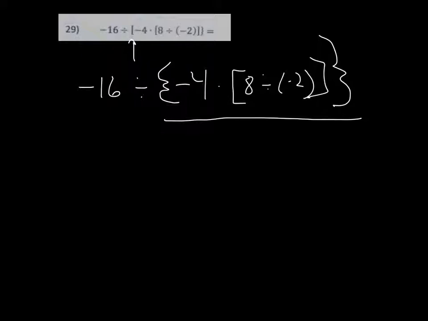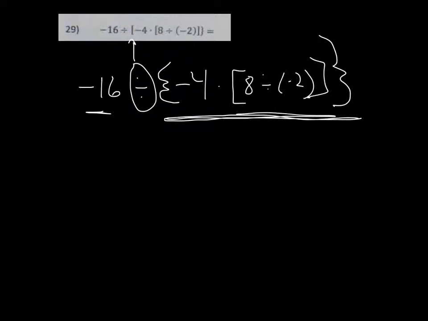Number 29, 30, and 31 are actually just like 26, 27, and 28. I just wrote them straight out left to right. Remember, this division symbol and then this whole thing means that you got to take negative 16 and you got to divide it by the answer to this guy.